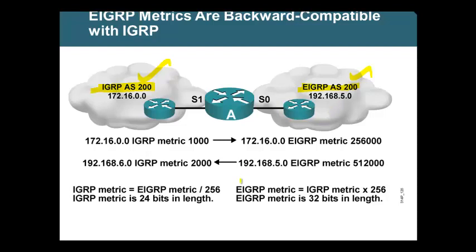If you take the metric and divide by 256, you will get the EIGRP metric. If you take the metric and multiply by 256, you will get the EIGRP metric. The bit length is 24 bit for calculating the metric in the older version, and in the newer version it is 32 bit.